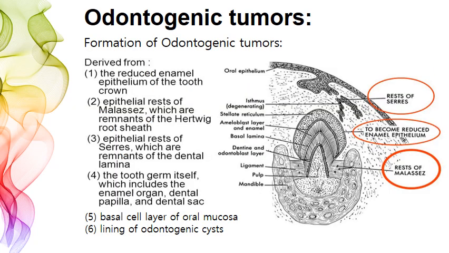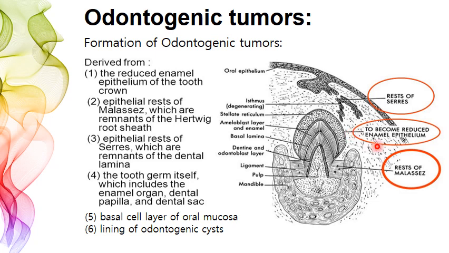What are the sources of formation of odontogenic tumors? They may be derived from enamel epithelium of the tooth, namely the reduced enamel epithelium.